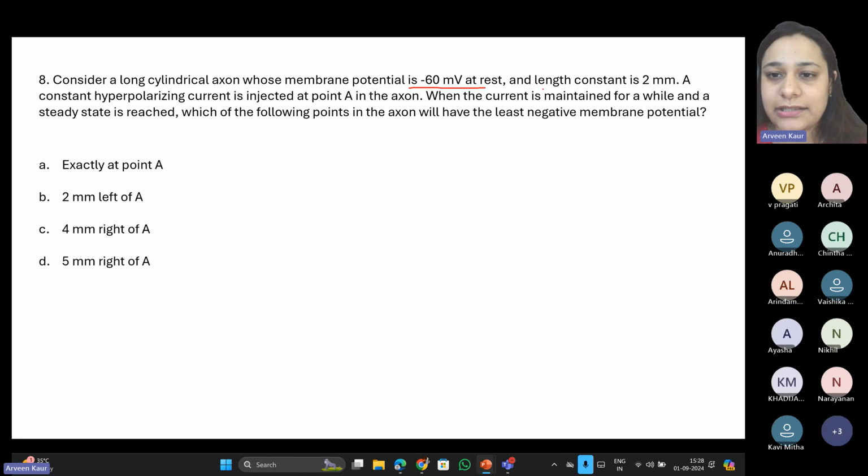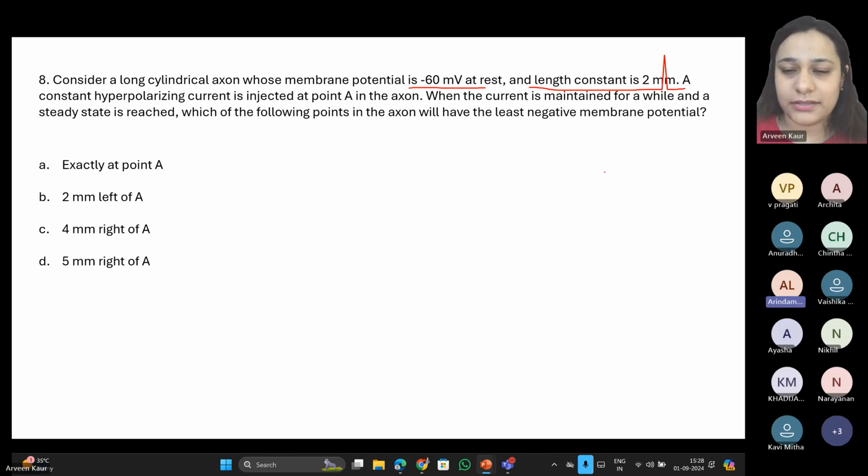The second thing is the length constant, that is 2 millimeter. Up till here, it looks like a numerical is going to come up in this question. But in the next line, what are they saying? That a constant hyperpolarizing current is injected at a point.